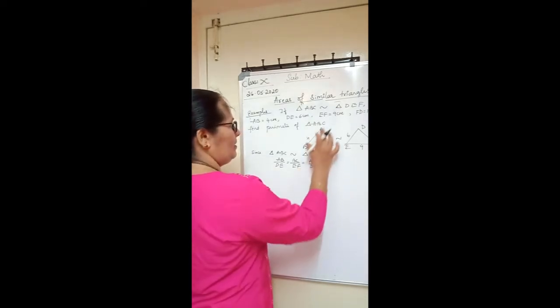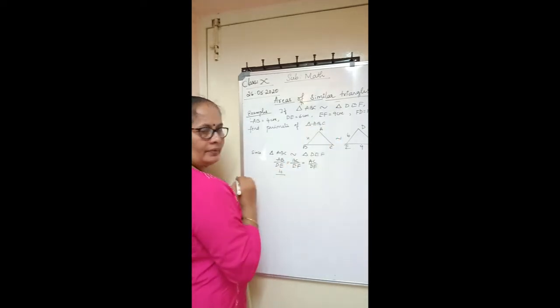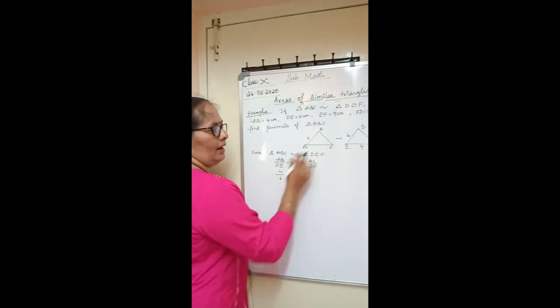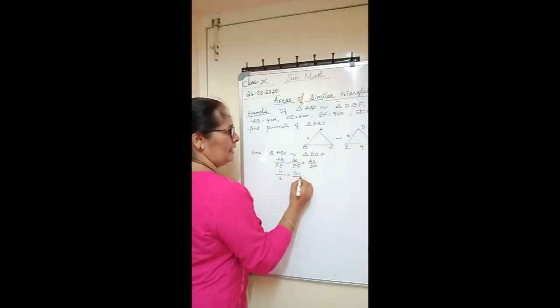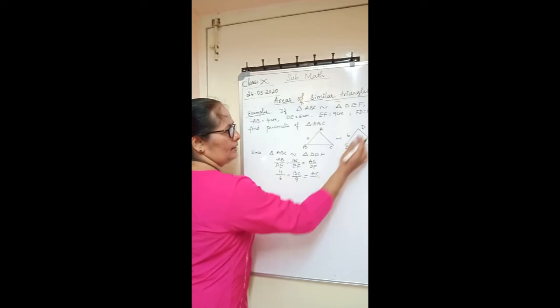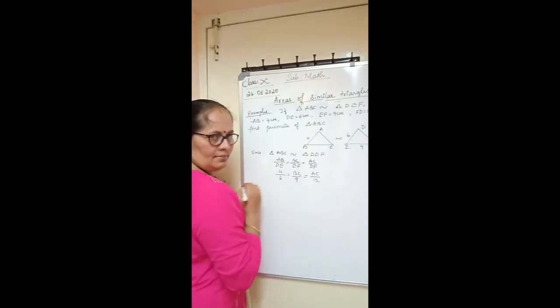Now AB is given as 4, right? And DE is given as 6 centimeter. BC is not given, and EF is given as 9 centimeter. AC also not given, and DF is given as 12 centimeter.